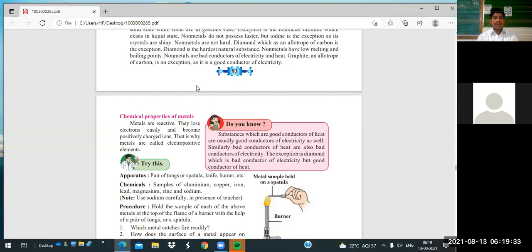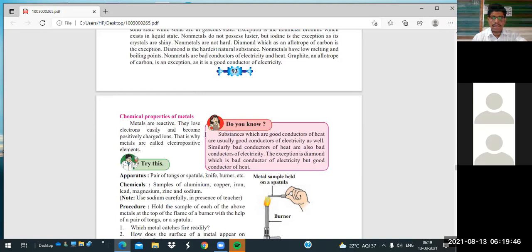Before that, which substances are good conductors of electricity and which substances are bad conductors of electricity? Tell me. Graphite. Yes, graphite is a good conductor of electricity. And in other examples, can you tell which are the bad conductors of electricity?